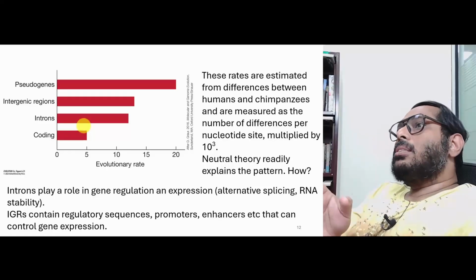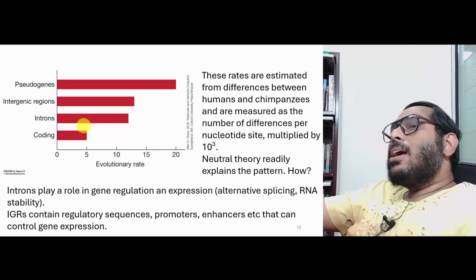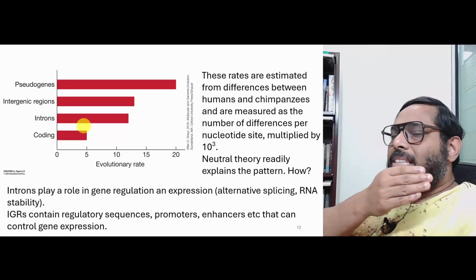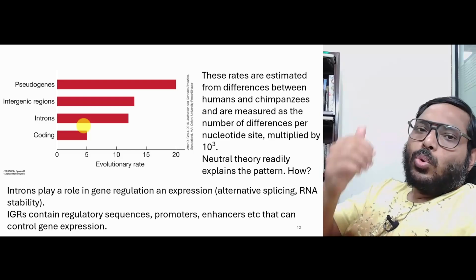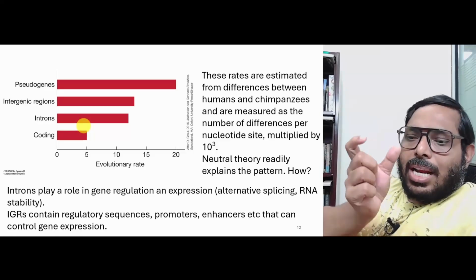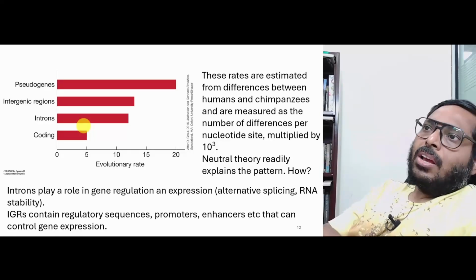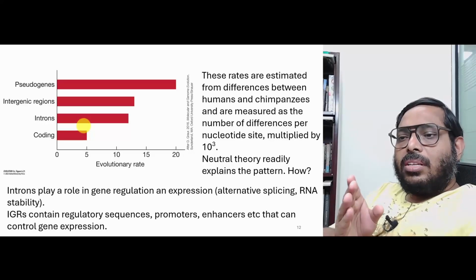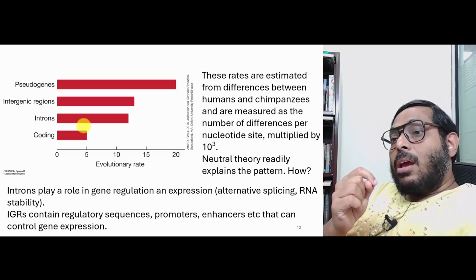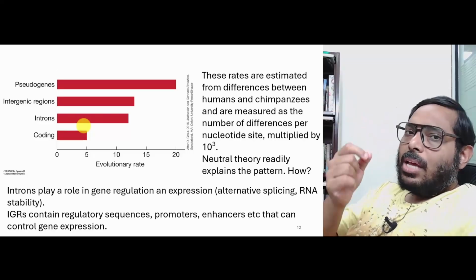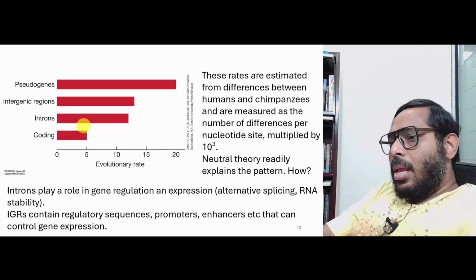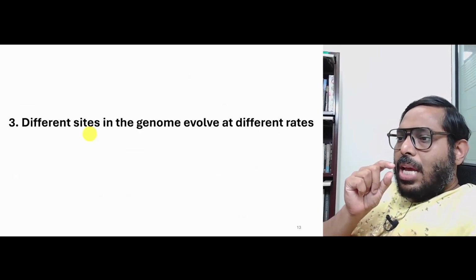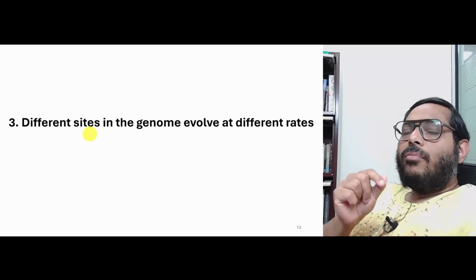But what I'm trying to say is that not the entire stretch of intergenic region or not the entire stretch of the intron is as crucial as, say, the entire stretch of the coding region, which is why the mutations in these regions, intergenic regions and introns, accumulate at a rate which is intermediate between the pseudogenes and the coding regions. Great. So, also different sites in the genome will evolve at different rates.